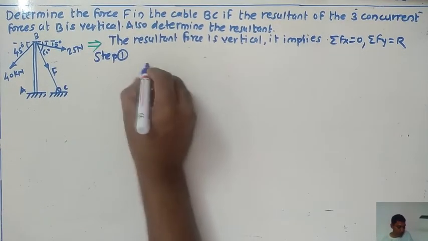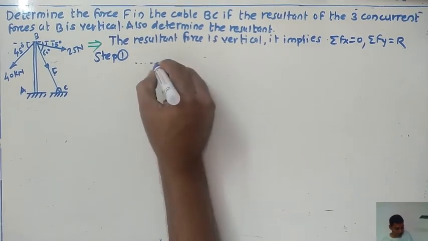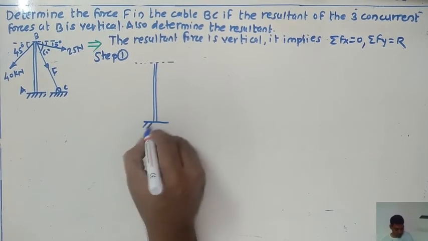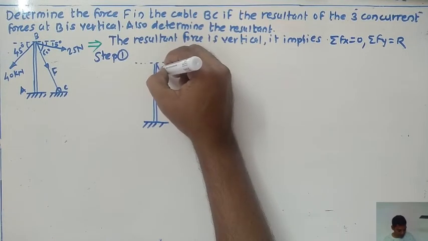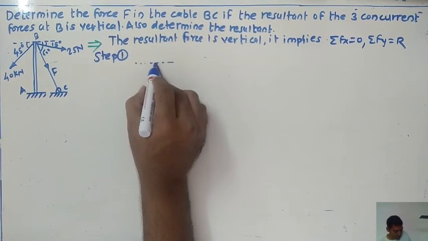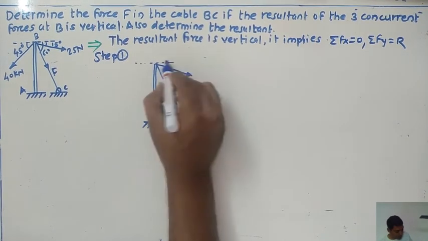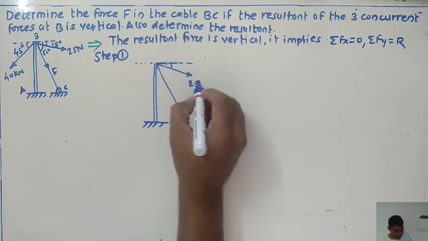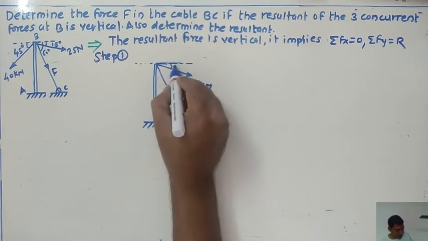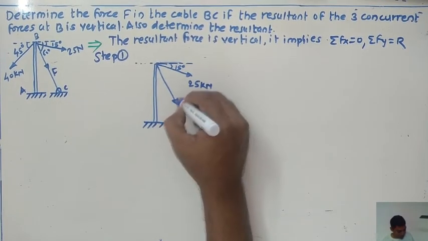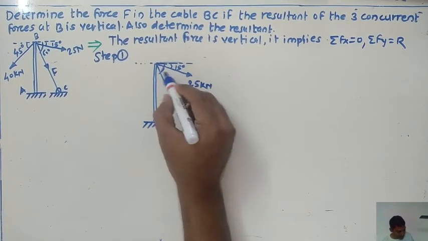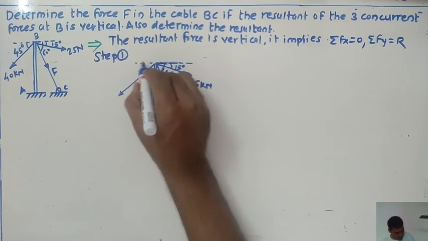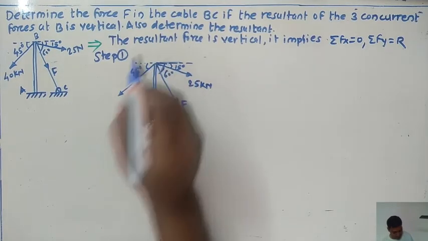First the force F, next the 25 kilonewton force, which makes an angle of 15 degrees. The total angle made by F with the x-axis is 60 degrees. The other force makes an angle of 45 degrees with the horizontal axis.